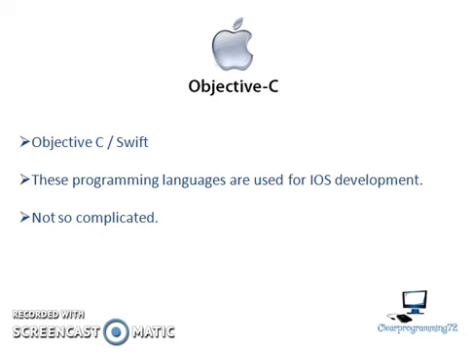If you want to develop apps for iOS, you need to learn Objective-C or Swift, and it's also not so complicated, and it's in high demand these days. If you learn Swift or Objective-C, definitely it's going to help you and you can be a good programmer.